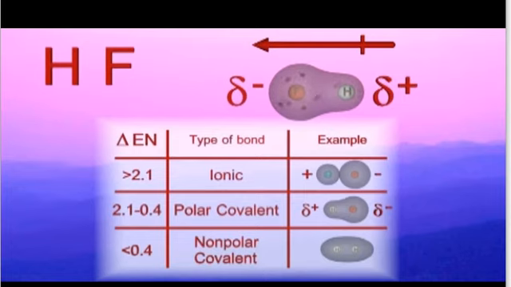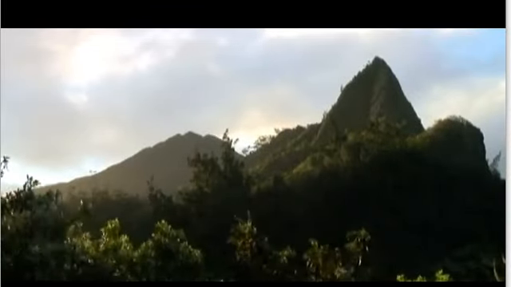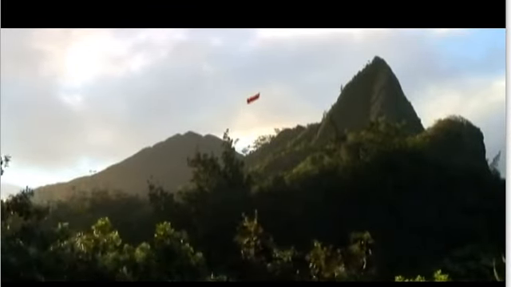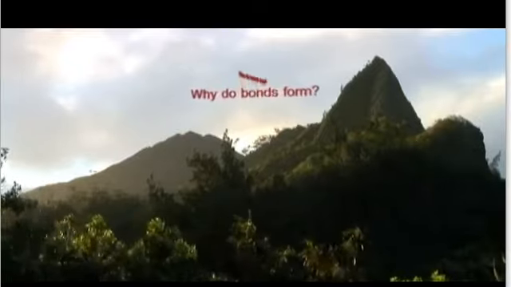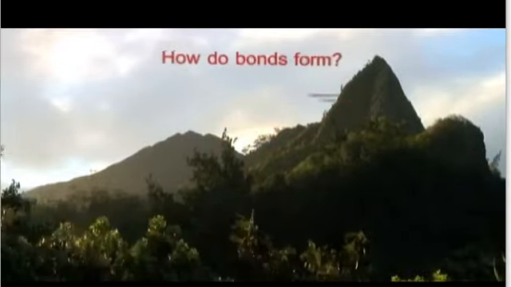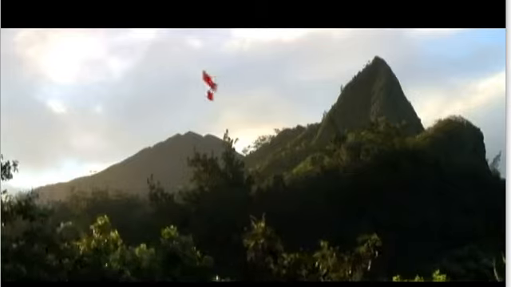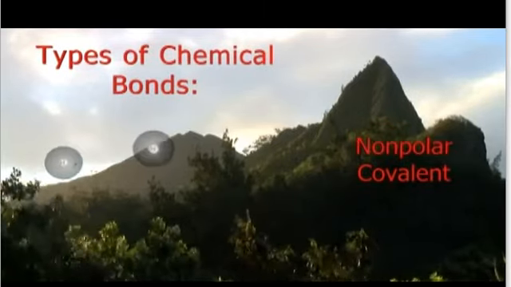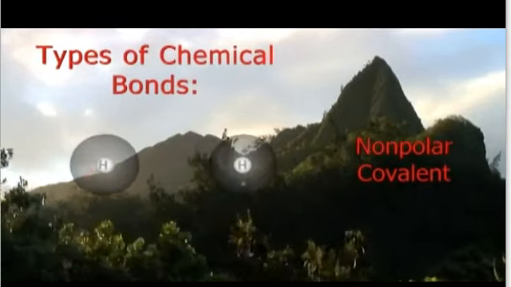Polar covalent will give you a shape just like hydrogen fluoride. As you can see, at higher electronegativity differences there is a polar covalent bond, and when the value is lower there will be a non-polar covalent bond.